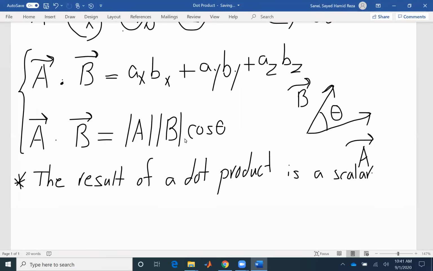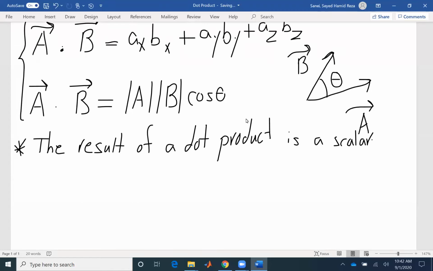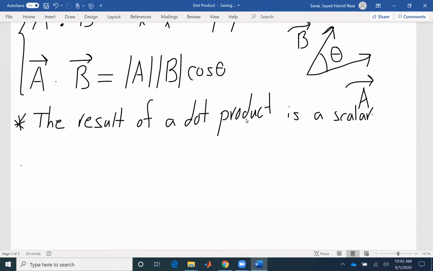Looking at the two definitions of dot product here, AB cosine theta and multiplication of each component, we can come up with one application for dot product. If we set the two right sides equal to each other, we can find cosine theta, the angle between the two vectors. For the first application of a dot product, we call it application 1.